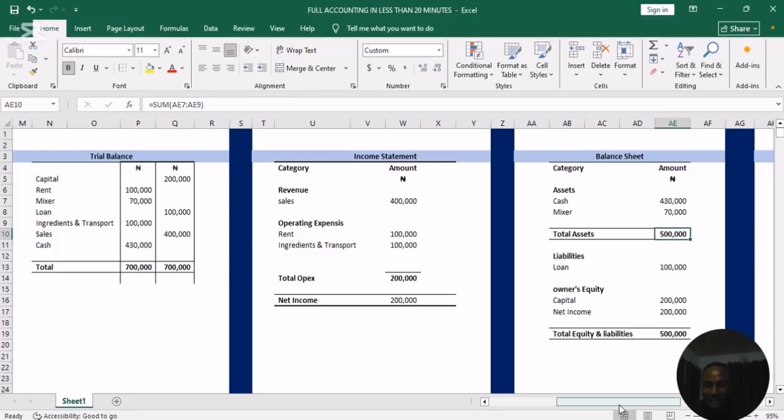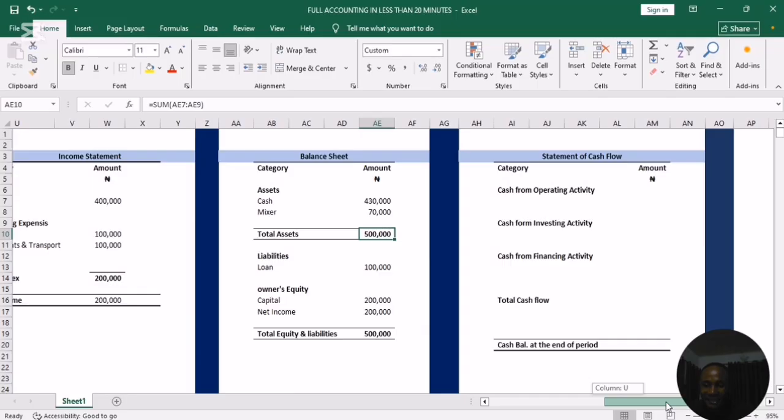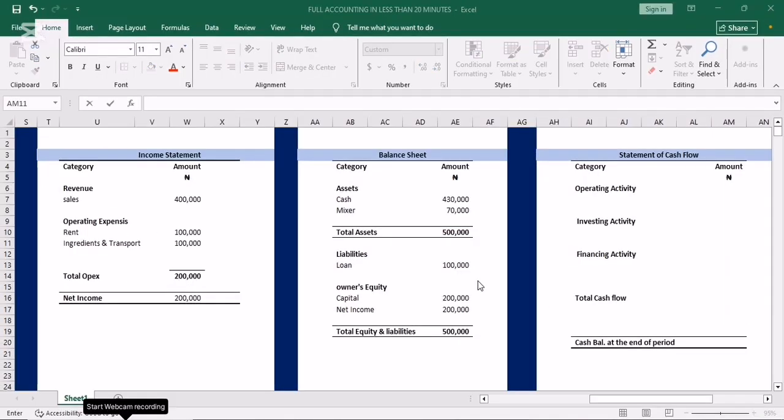So the next on the list is our statement of cash flow, right? This schedule is meant to show the cash activities in the business, the inflow of cash and the outflow of cash, depending on the activity. The statement of cash flow is subdivided into three categories. The operating activity, which involves the activities of the business, the outcome of it.